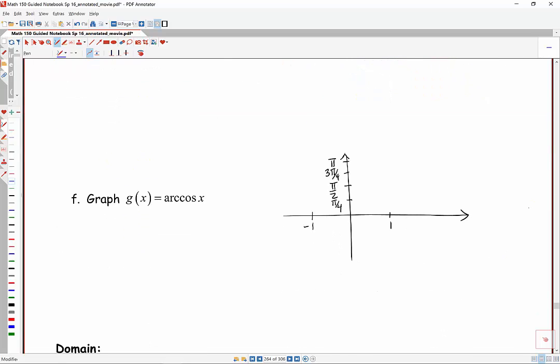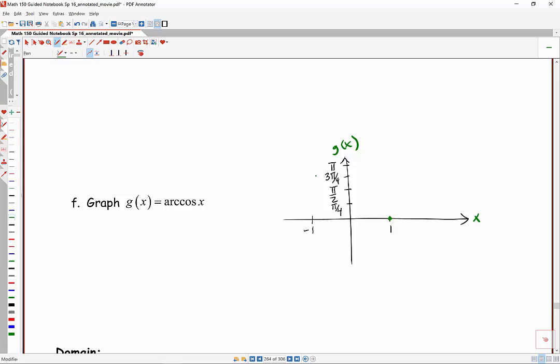Okay, so let's check it out. So this is going to be our g of x, and so we had inputs at 0, 1 on the original, so we'll have 1, 0 on the inverse. And then we had an input of pi, negative 1 on the original, so it'll be negative 1, pi on the inverse. And then we had 3 pi over 4 and then negative 0.7.